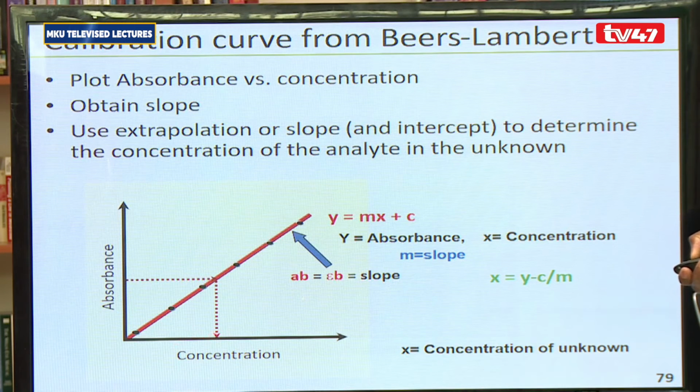That is if you are drawing the graph by hand. However, if it is computer generated, you can always get the trend line and the equation of the line, which can be rearranged to get x. Remember, x is the concentration of the unknown. Y is the absorbance of the unknown sample that you've also measured. And you are now able to determine the concentration of the unknown sample, which again we said is the amount of iron in somebody's serum.